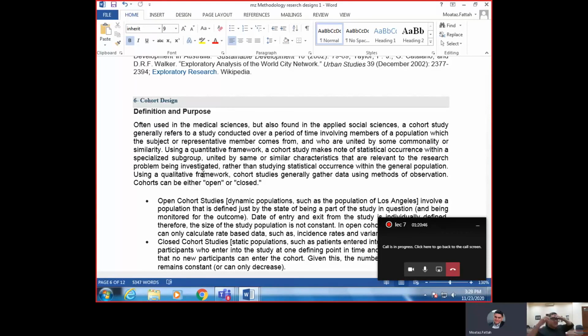I'm going to take these people and see how they interact with Israeli youth. So now you have a group of Israeli youth along with a group of Palestinian youth, and they are going to interact with each other. And here it's a cohort design. You're going to see how the occupied and the occupier interact with each other.